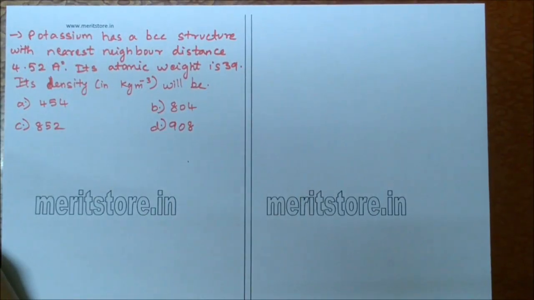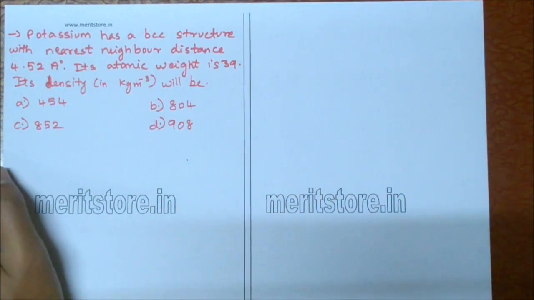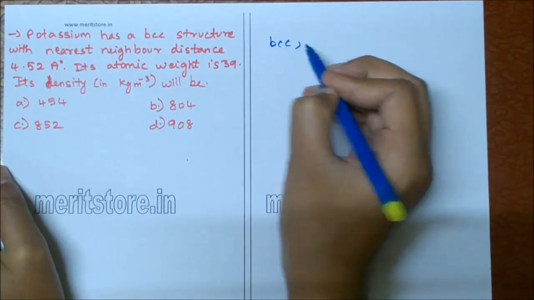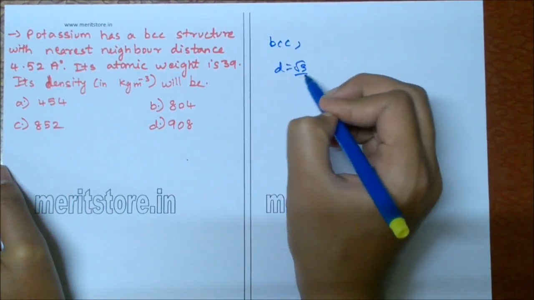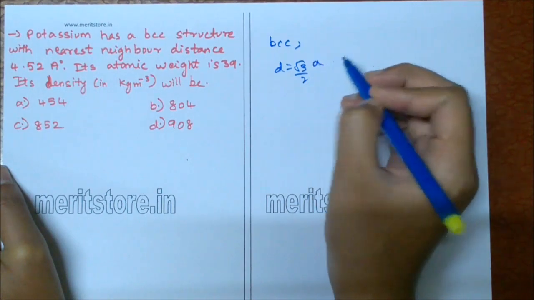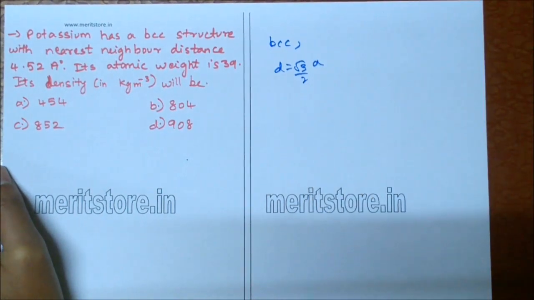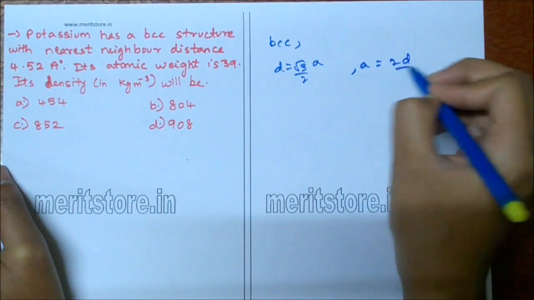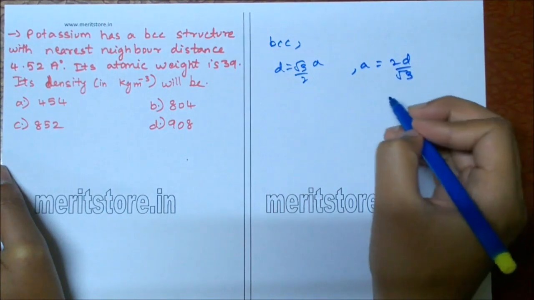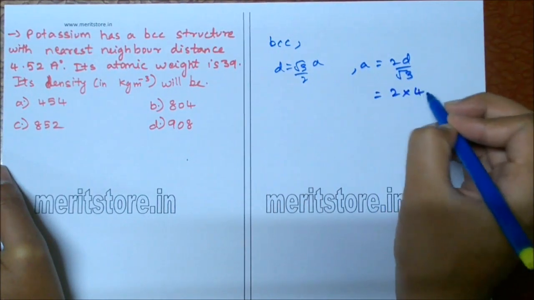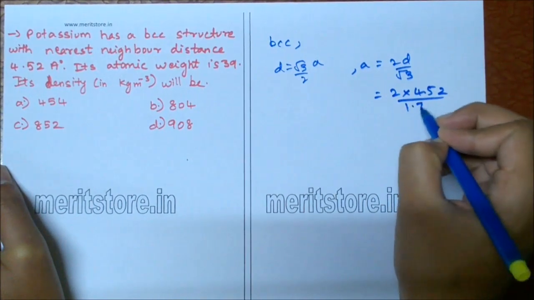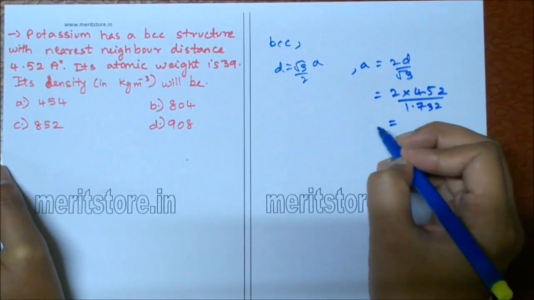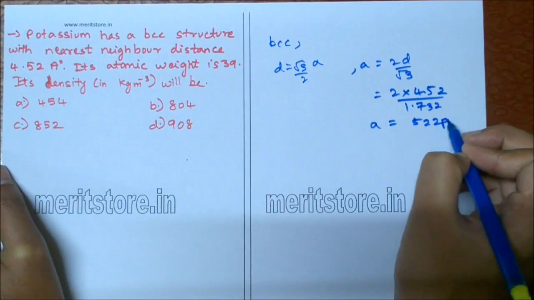Potassium has a BCC structure with the nearest neighbor distance 4.52 angstrom. The atomic weight is 39. The density will be, for BCC structure, d is equal to root 3 times a by 2, or a is equal to 2d upon root 3. On substituting the values, we get 2 into 4.52 divided by 1.732. So a is equal to 522 picometer.